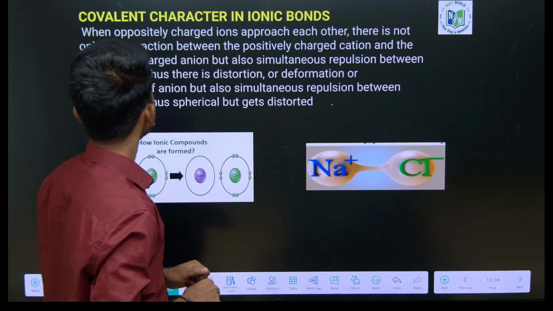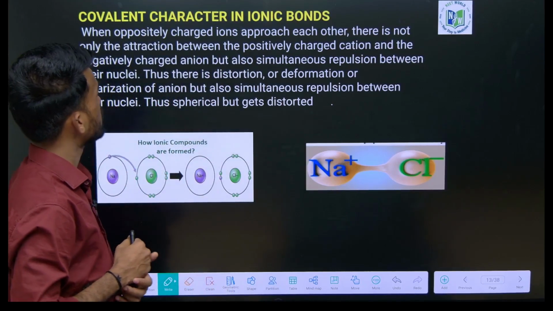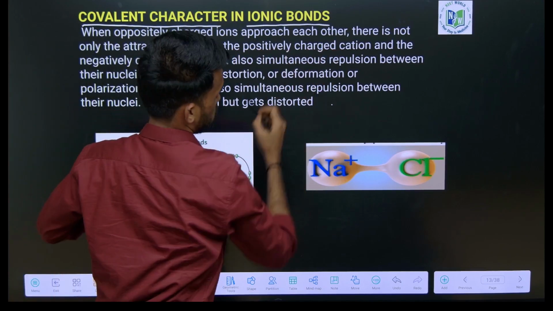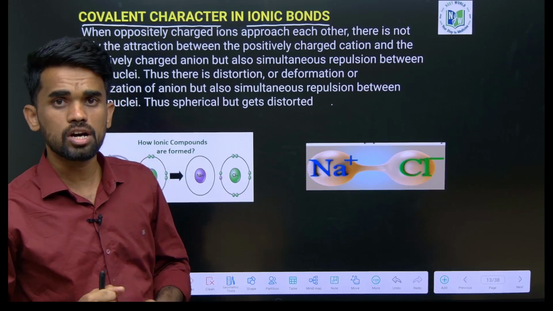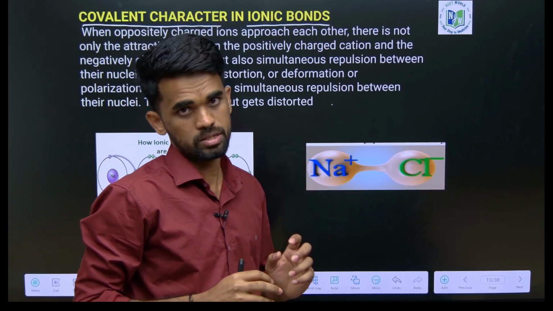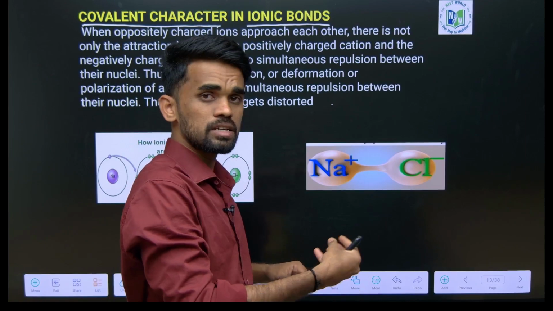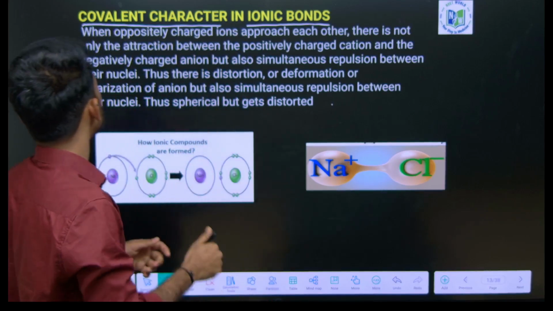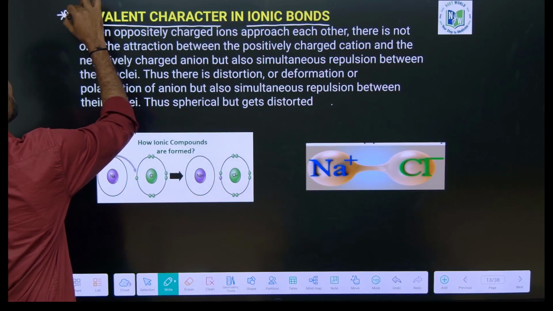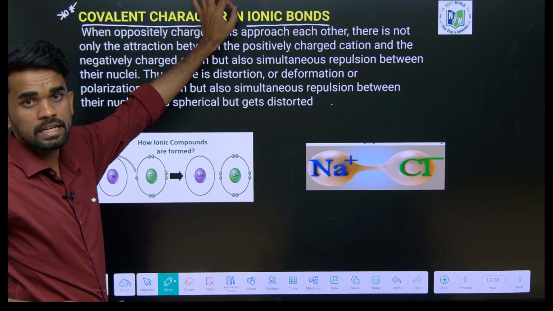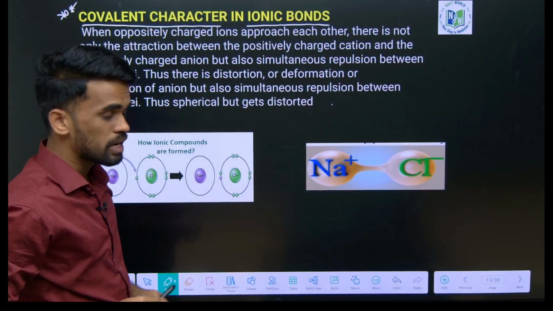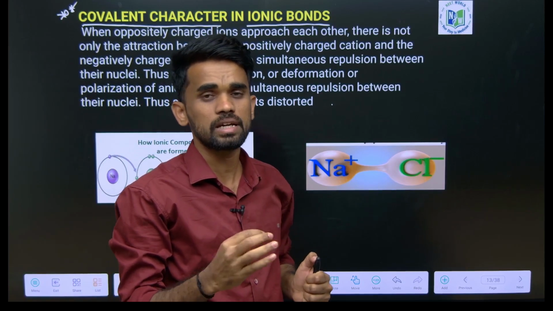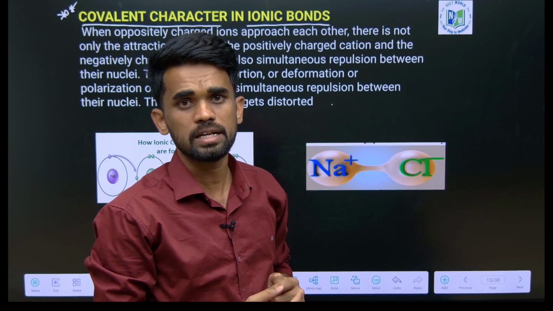Now what we need to study is the covalent character in ionic bonds. Just now we studied ionic compounds, then we discussed covalent bonds. Now we will discuss a few more things about covalent compounds. This is also an important topic. So, covalent character in ionic bonds. I just wanted to tell you that there is no ionic compound which is perfectly ionic, like 100% ionic.